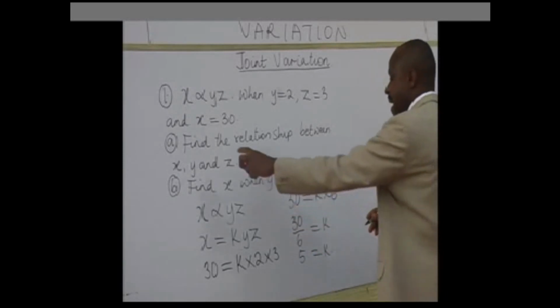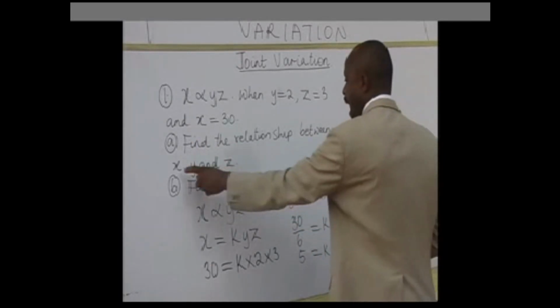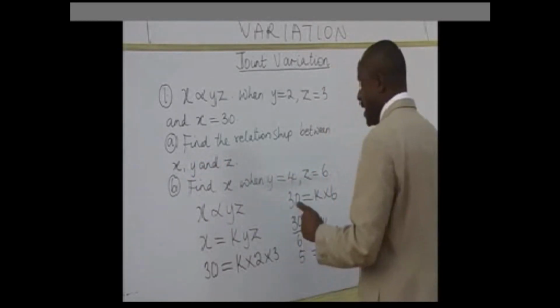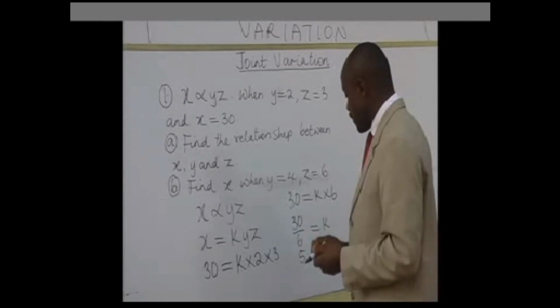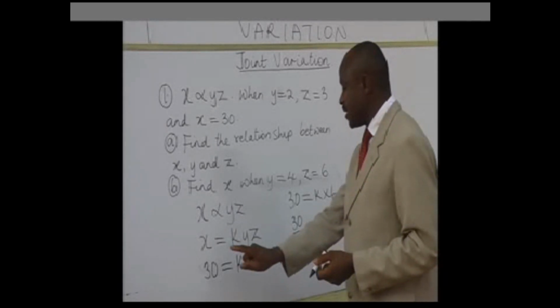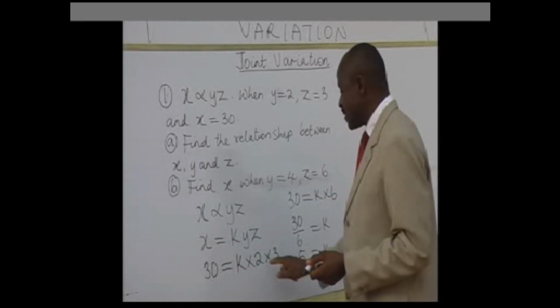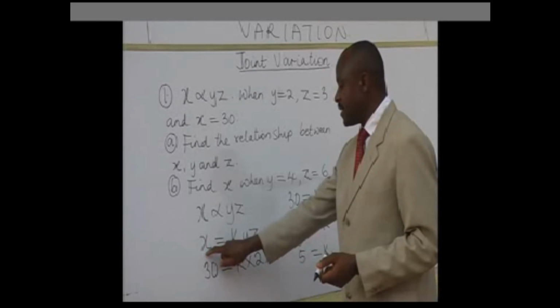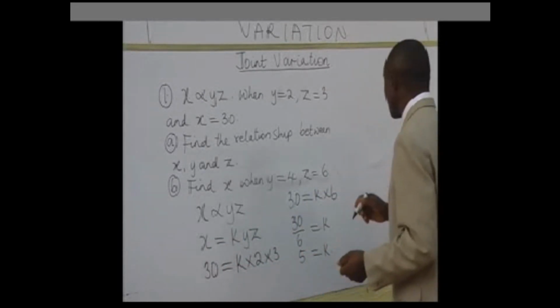Now question number A said we should find the relationship between x, y, and z. The relationship between x, y, and z remains substituting the value of k, which is 5, in this equation, where you are going to have 5 as value of k, and it will be related to x, y, z, which the values are not introduced.